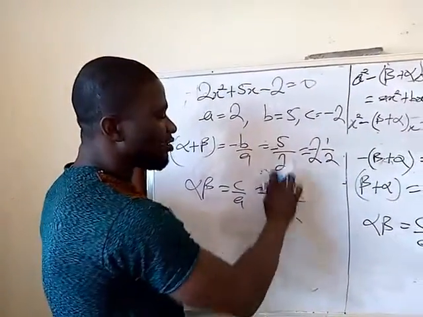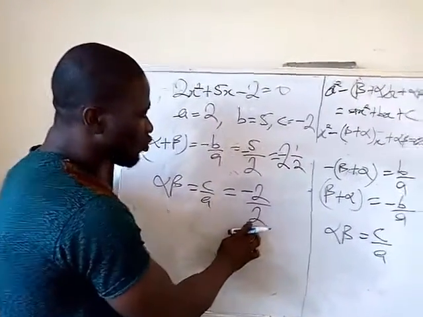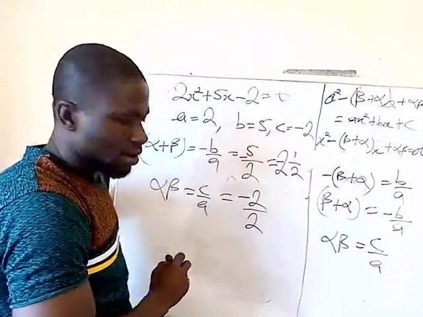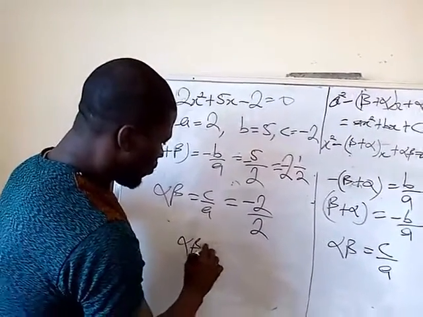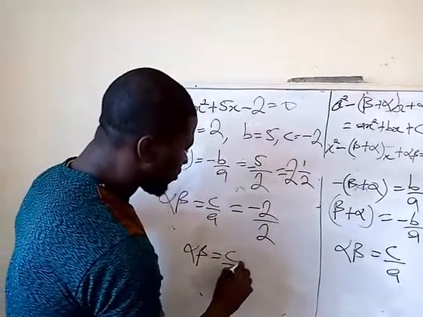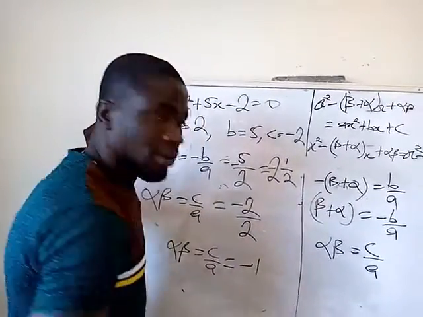Minus 2 divided by 2 gives me minus 1. So alpha beta, which is the product, is equal to minus 1.